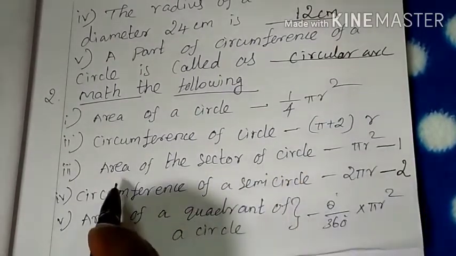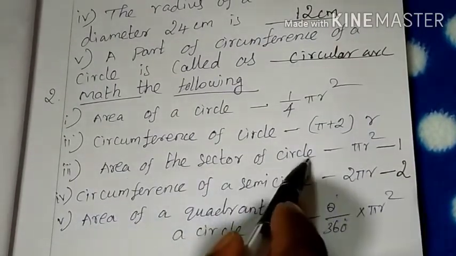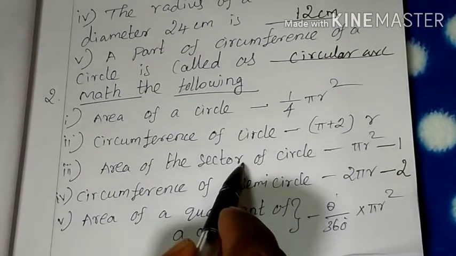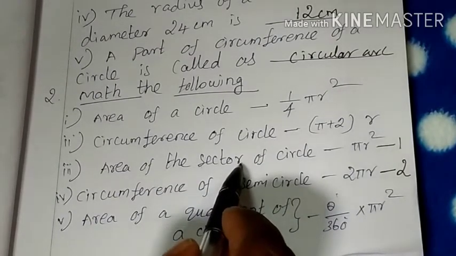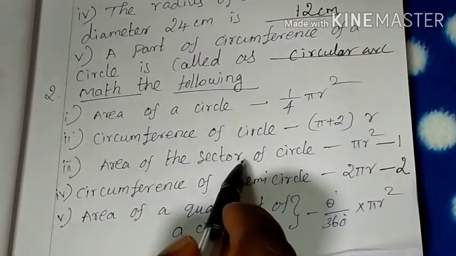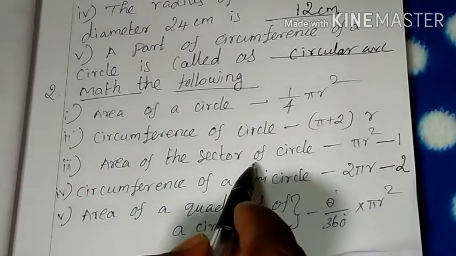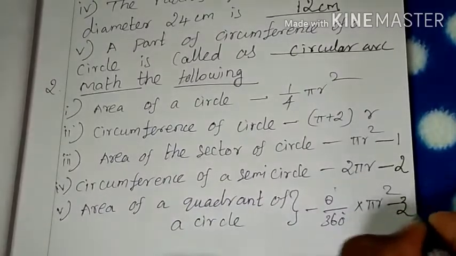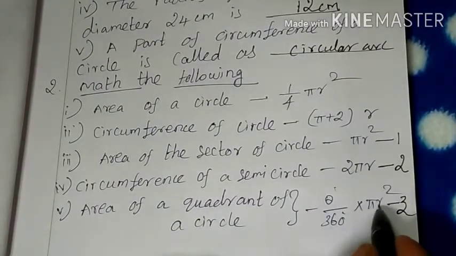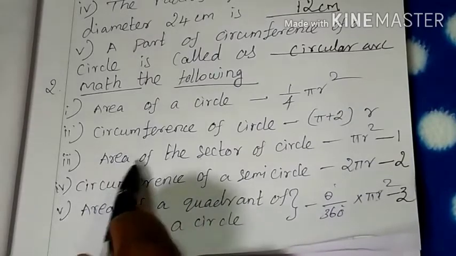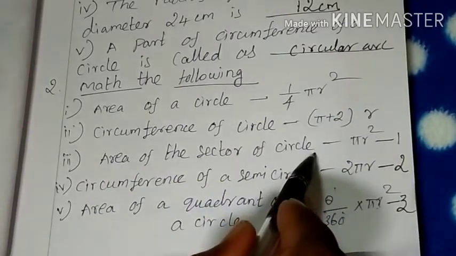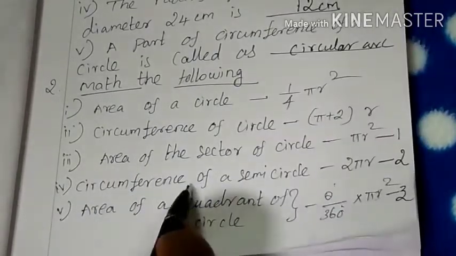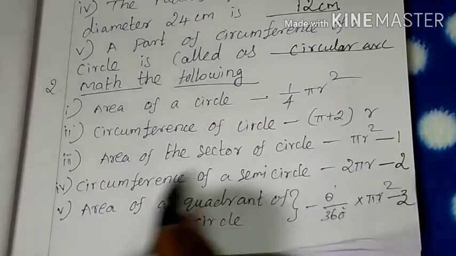Then the third question, area of the sector of circle. Area of the sector is denoted by A. So the formula is theta divided by 360 into pi r square. This is for the fifth option. Then the fourth question, circumference of a semicircle.